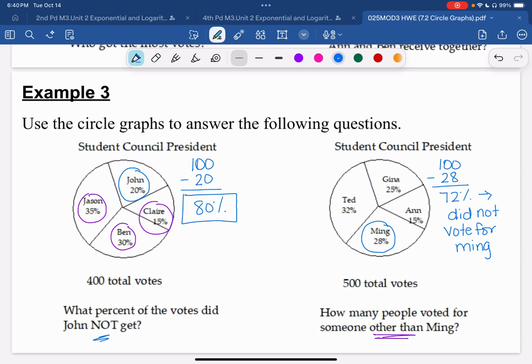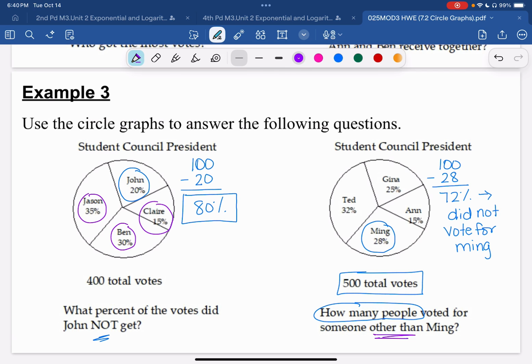But this question does not ask us for the percentage. It asks us for how many people. So if there were 500 votes and 72%, we need to figure out how many people that is.